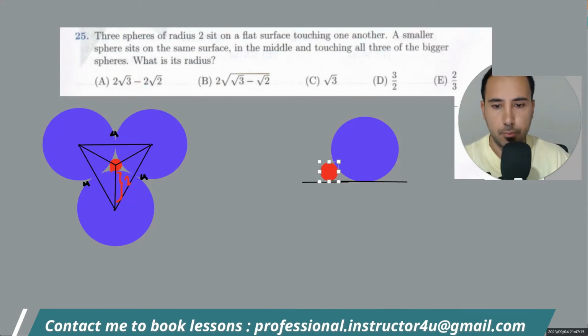For example, this one from the center to here is 2. But the height of this one, from here to here, is only R.